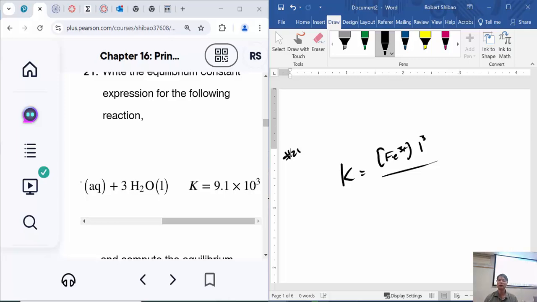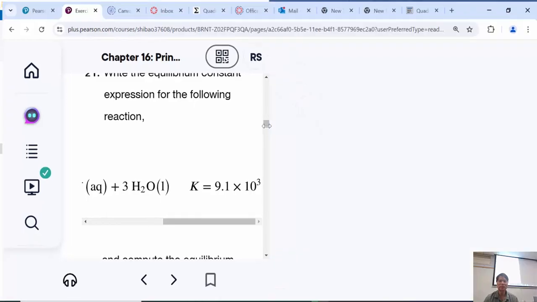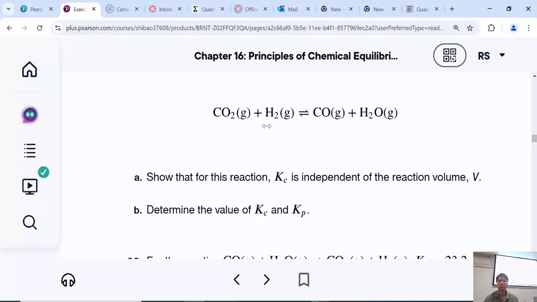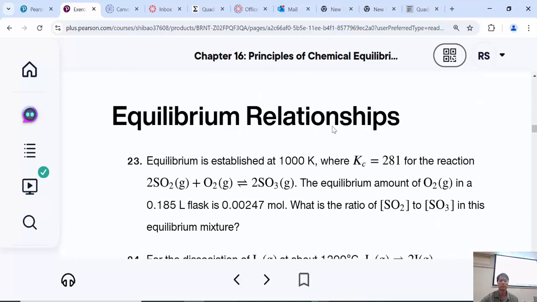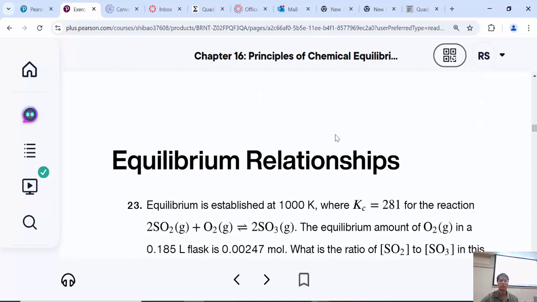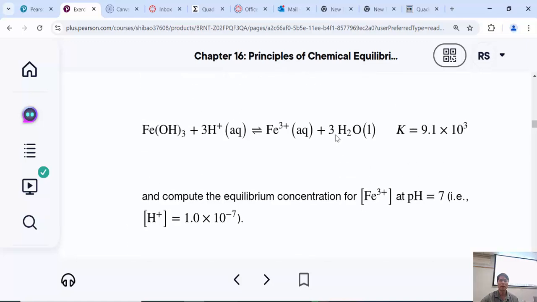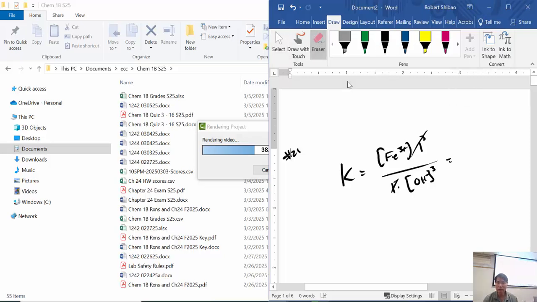The activity is what? 1 times the H+ concentration cubed. All right, the 1's cancel. And we're left with this. Or is that, I'm sorry, it's not hydroxide, it's H+. Let's take a look here. Yeah, H+ cubed. So I need to correct that here.